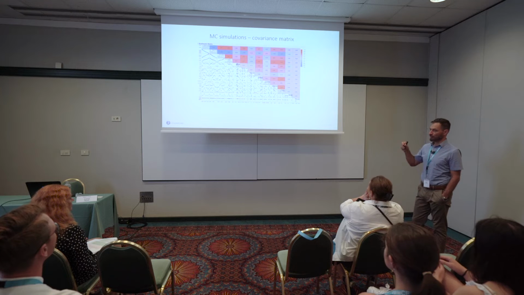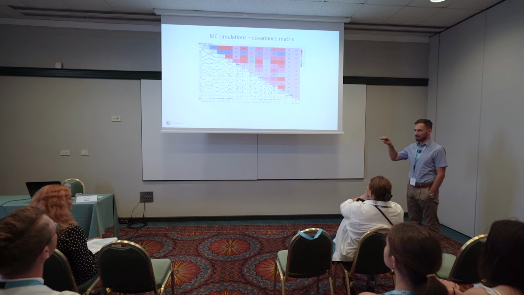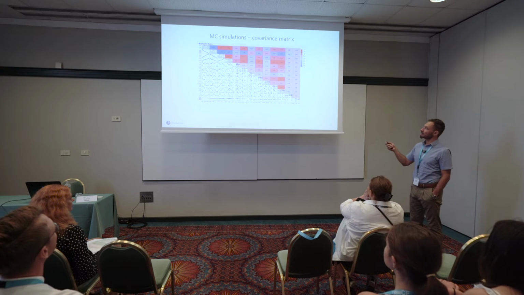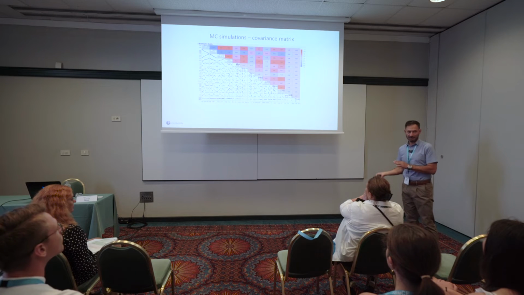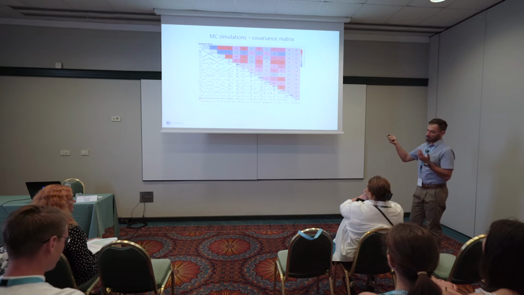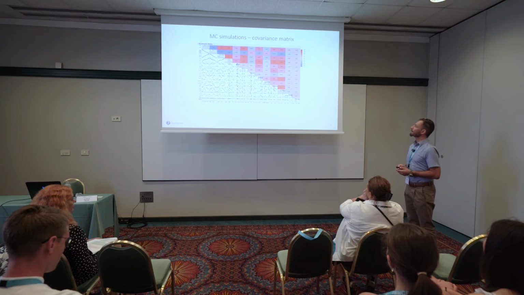For each of those sampling intervals, we created such a matrix. This is a covariance matrix, and it tells us how much different parameters are correlated. This is evaluated numerically. So +1 would mean they are perfectly correlated. -1 would mean they are completely anti-correlated, with values in between those.